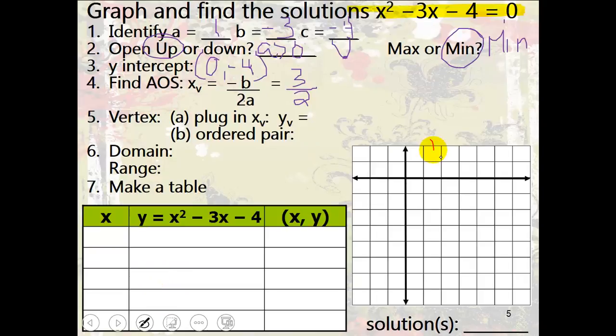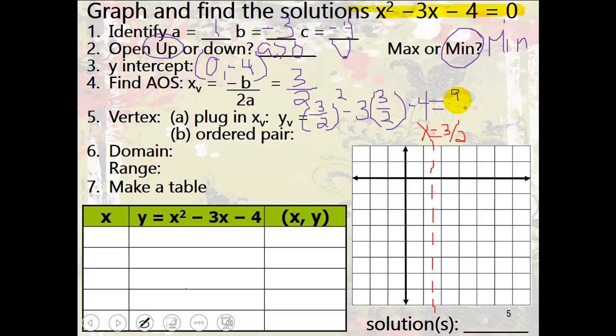This is my axis of symmetry. It's going to go in between these two lines. x equals 3 halves. Then I'm going to plug that in to my equation to find the y-coordinate of my vertex. So I get 3 halves squared minus 3 times 3 halves minus 4.